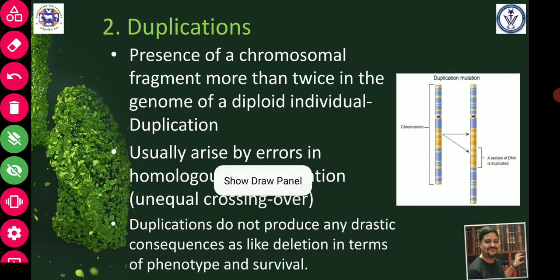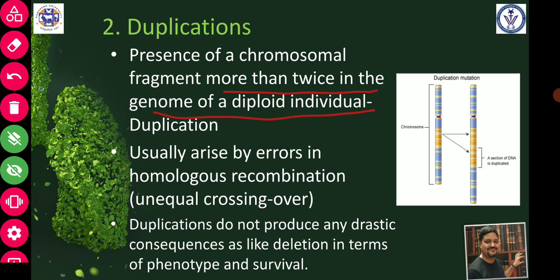Now the second one is duplication. Duplication means presence of a chromosome fragment more than twice in the genome of a diploid individual. We know that a particular segment of chromosome will be present in two copies in a diploid organism, one coming from the mother and another from the father. But when there are more than two copies of a particular segment, that means there is duplication.